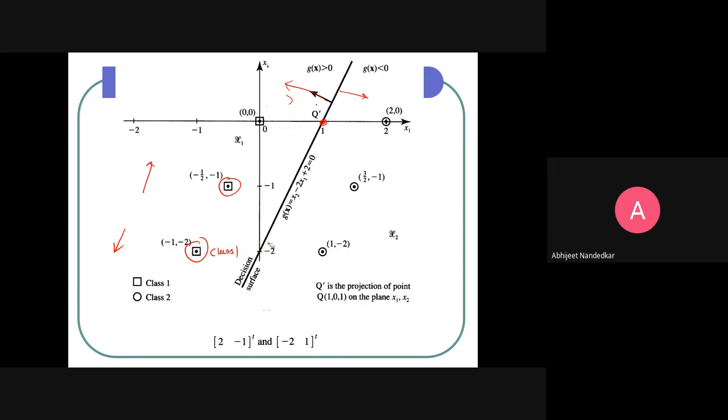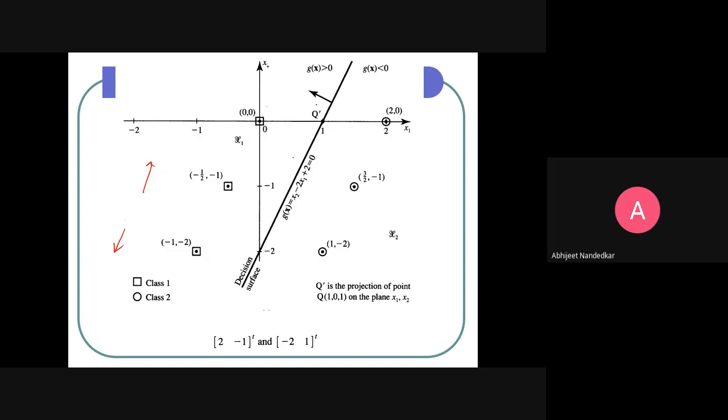So ideally, how many solutions can you have for such a problem? You can have infinite solutions. From this to this sector, you can draw any line, and theoretically I can draw infinite lines. So you can have infinite solutions to the given problem.